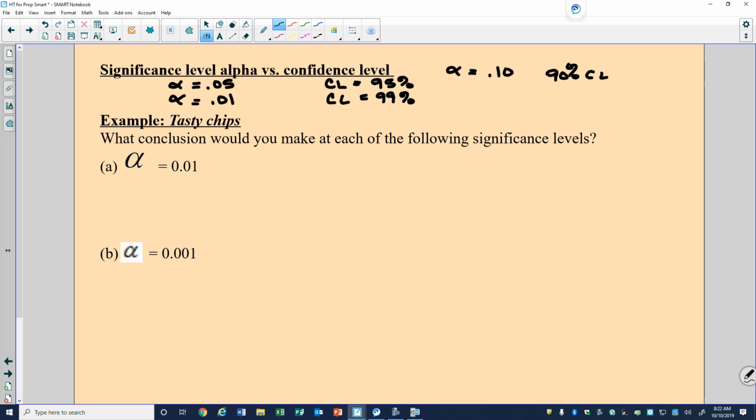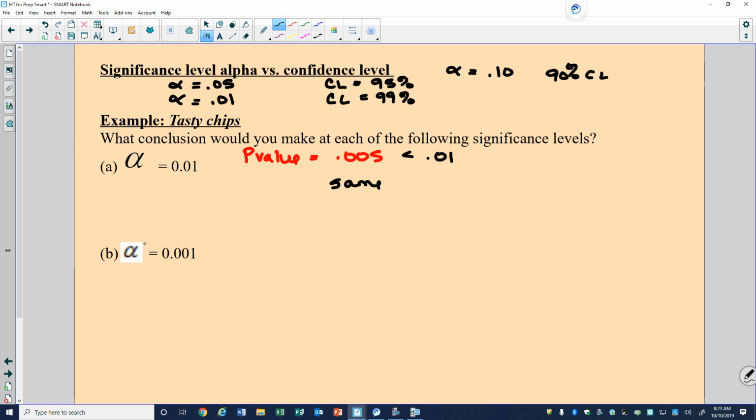So depending on what you set as your alpha level, that's going to change the result of your conclusion. So if we're looking at Xenon's study on the chips, if I change that alpha level to 0.01 and I started that conclusion based on the p-value that we got from Xenon's study, 0.005, comparing that to my new alpha level, 0.005 is still less than 0.01. So we would have gotten the same result this way, even if we had changed it to a higher confidence.